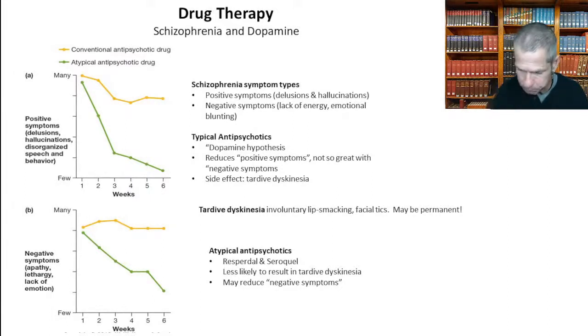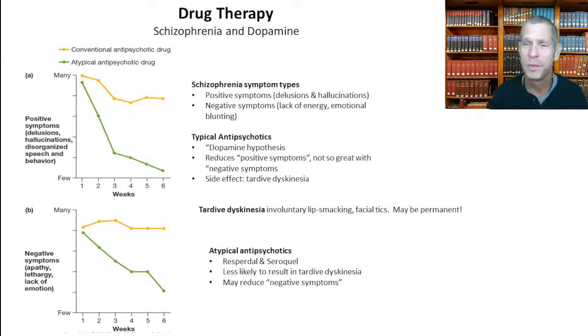There's this thing called the dopamine hypothesis. Is it based on any physiological evidence? Not really. We just know that if you give people drugs that impair the functioning of dopamine, their hallucinations and their delusions get better, and they become a little more organized in their thinking and talking.